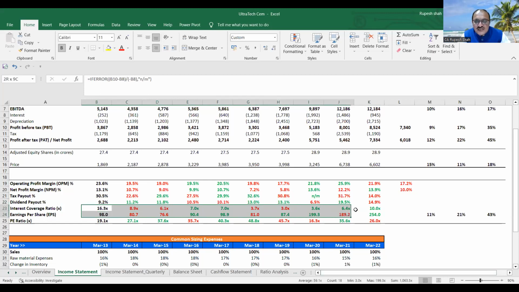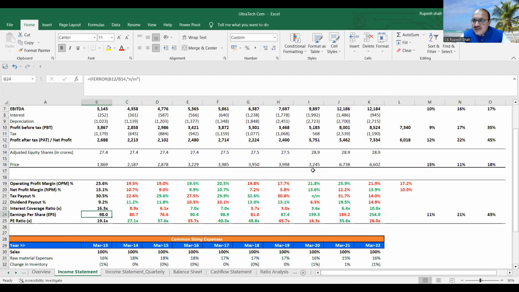Interest coverage ratio, as we discussed, see, fantastic. On an average, it is 7.2. So if they have to pay 1 rupee of interest, then they have a profit of 7 rupees available. So even if something goes wrong, they are not likely to default in their obligation to pay the lenders.